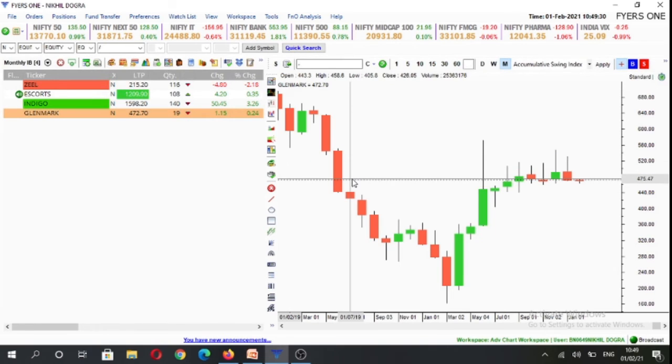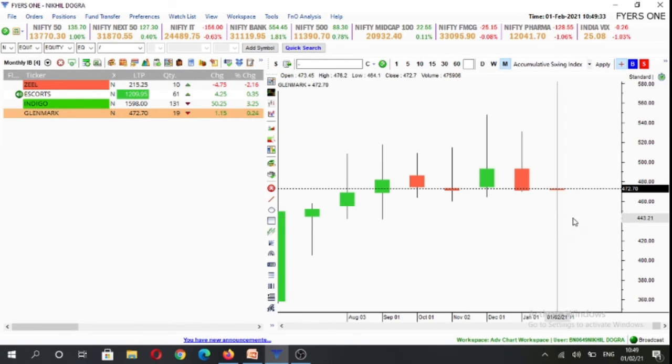And our final stock is Glenmark. Again in Glenmark, it is the same situation as Escorts, because the previous month's inside candlestick has broken to the downside.